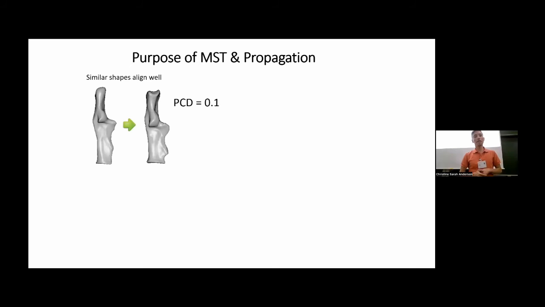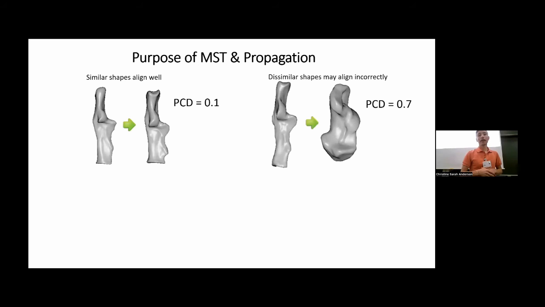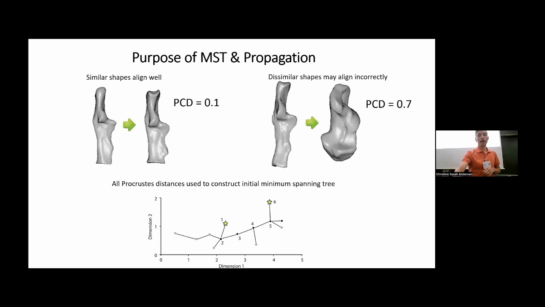What that means is, if we're running the algorithm, doing pairwise comparisons, we get great alignments on shapes that are really similar to each other. At the first pass, we often have bad direct alignments between shapes that are different from each other.